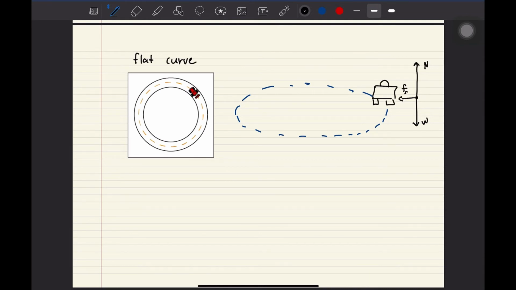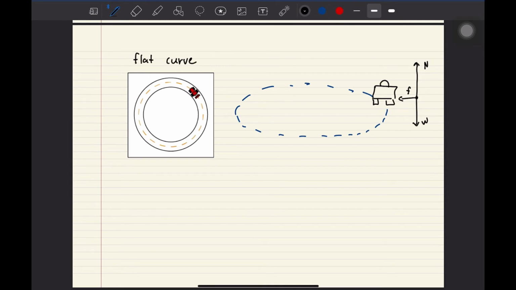To avoid any confusion, I just didn't write whether this one is static or kinetic friction. I just leave it as F. So friction tries to pull the car towards the center.